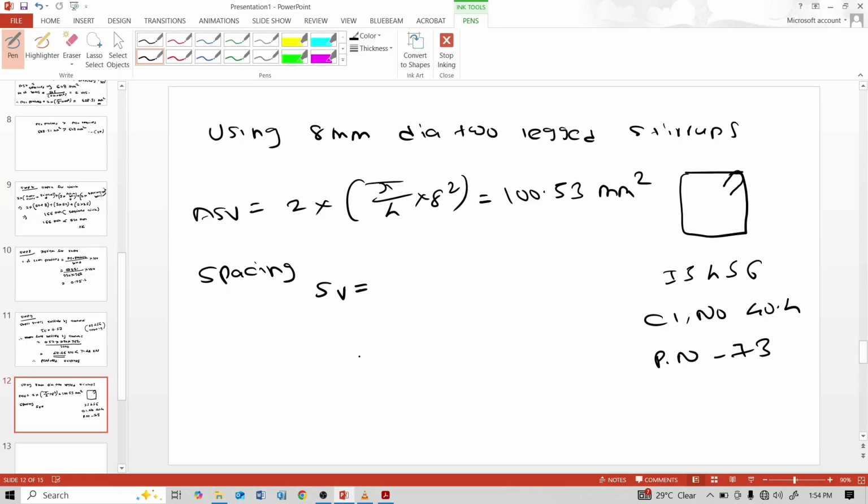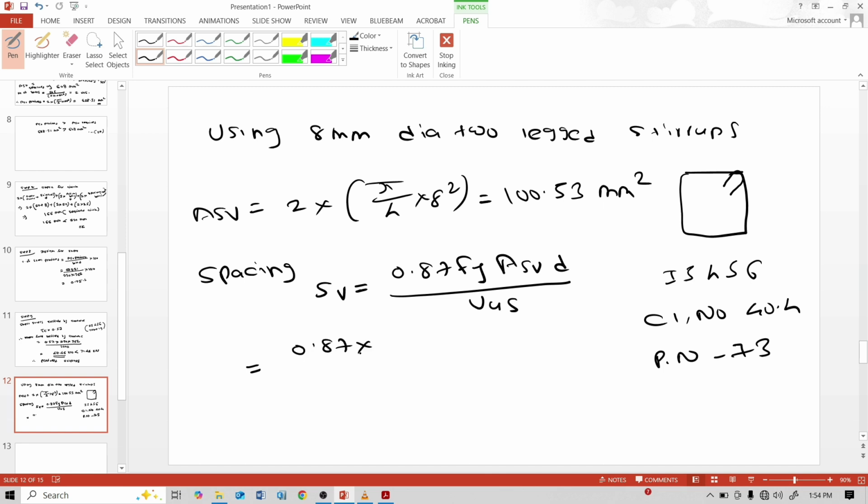So SV formula we take from IS 456. Formula is 0.87 fy Asv d effective depth upon Vus equal to 0.87. fy is still 500 multiply by Asv, calculated Asv 100.53, multiply by d effective depth 362, divided by Vus.